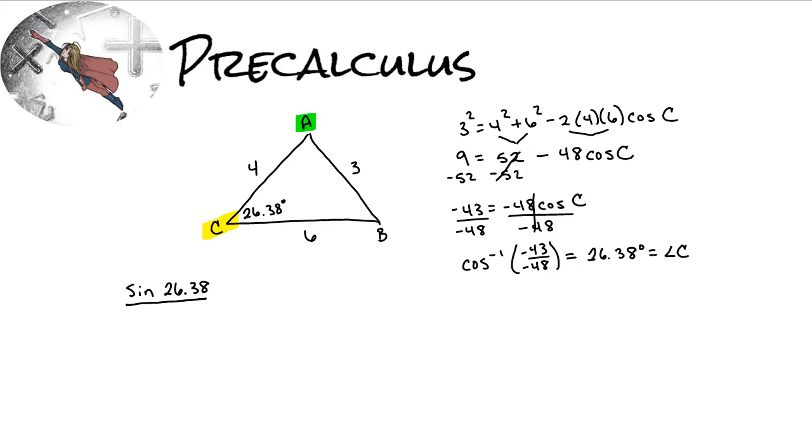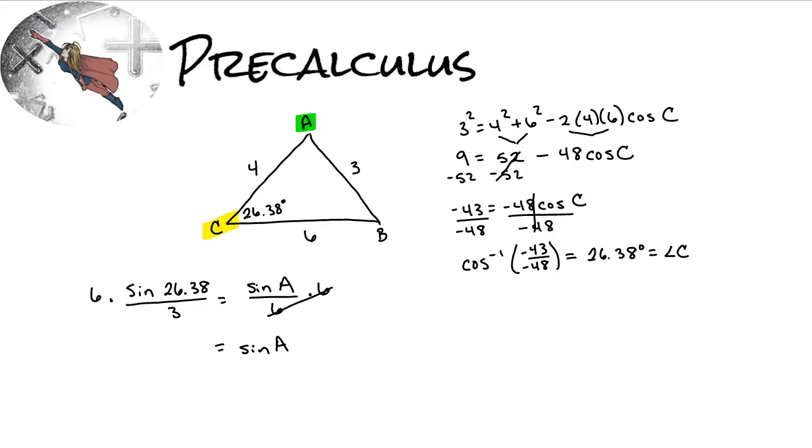26.38. So the sine of 26.38 over 3 equals the sine of A over 6. And so to solve for A, I just multiply by 6 on both sides. And use our calculator to see what that is.